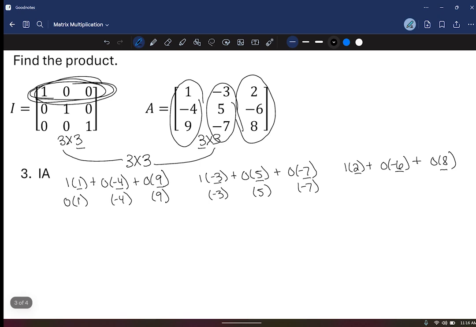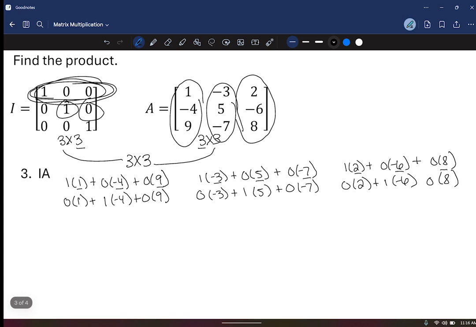So you know that this is 0 plus, and then you have a 1 plus, and then you have 0. And it's the same here. So 0, 1, 0, 0, 1, 0, 2, negative 6, 8.